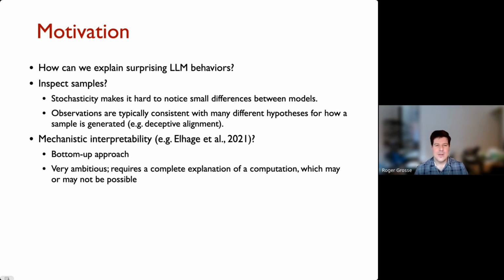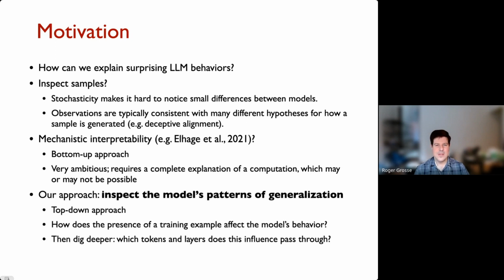And so is there a more generic way that we can try to understand what these models are doing? And so I'll argue for the approach of inspecting the model's patterns of generalization. So if there's some behavior we're interested in, we can take the top-down approach of first saying, okay, which training examples are influencing that behavior?